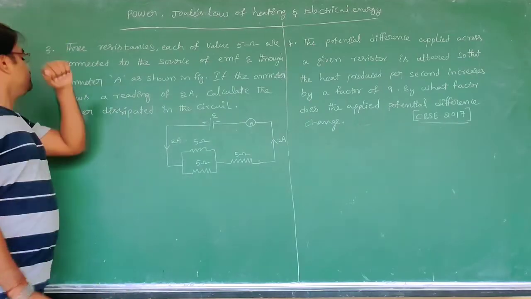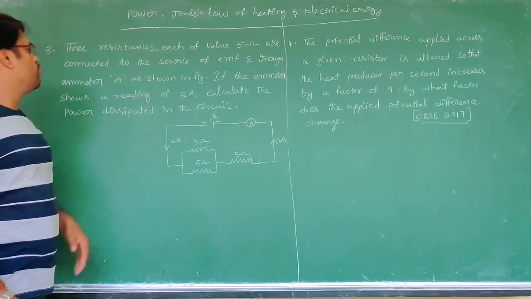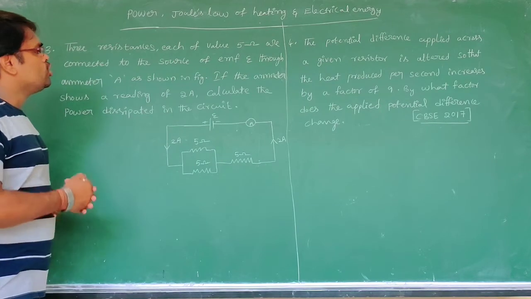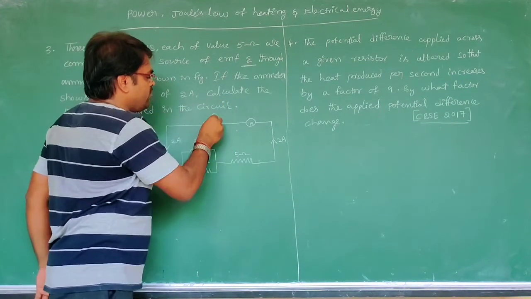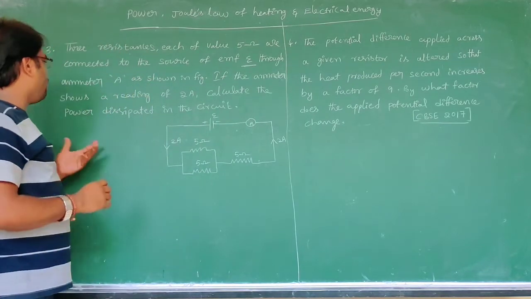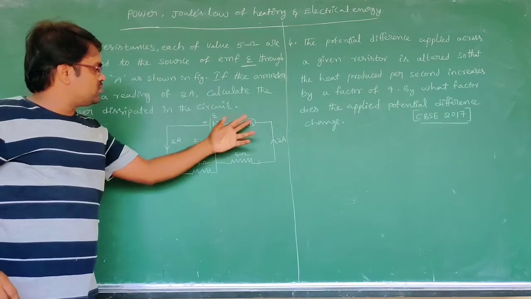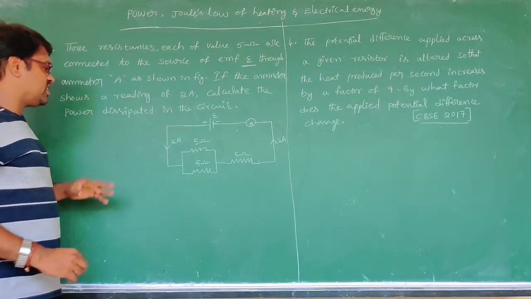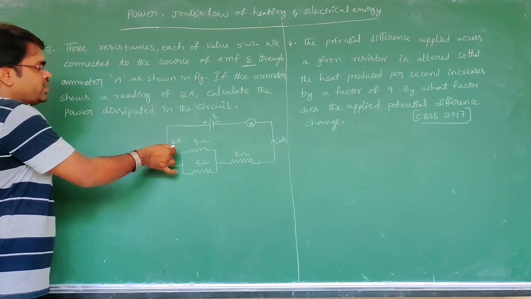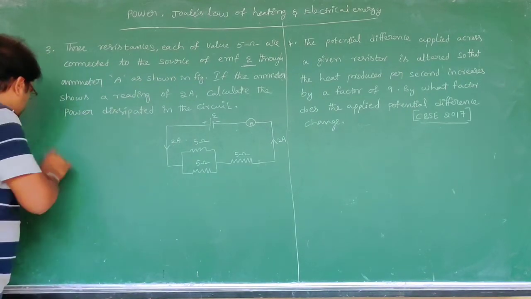Going to the third one. Resistances, each of value 5 ohms, are connected to a source of EMF epsilon through an ammeter A as shown in the given figure. If the ammeter shows a reading of 2 ampere, calculate the power dissipation in the circuit.